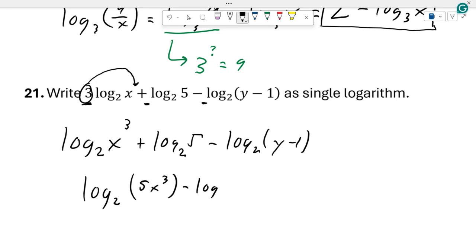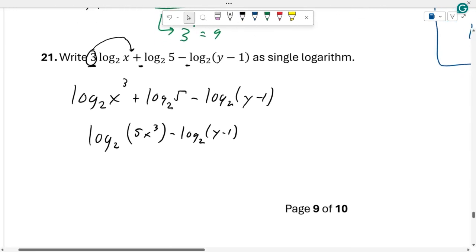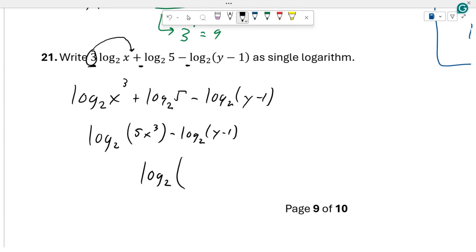minus the log of y minus 1, base 2. So now I have the log of something, 5x cubed, minus the log of something else, y minus 1. They're being subtracted, so I have a difference of logarithms with the same base of 2. That means I can combine these into a single logarithm, base 2.